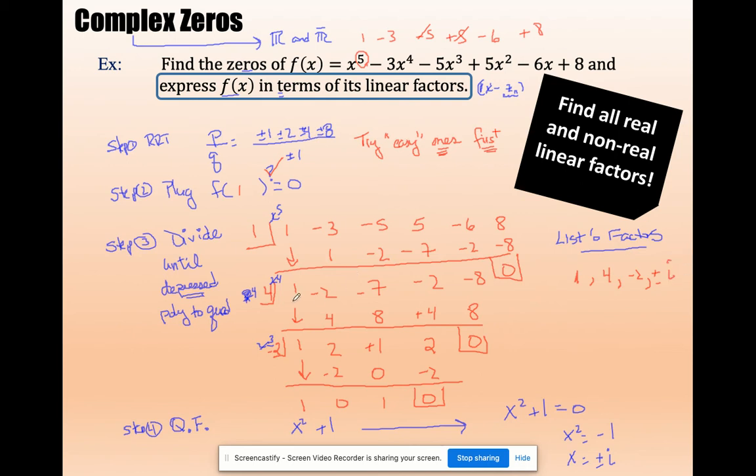And how many zeros is that? 1, 2, 3, 4, 5.